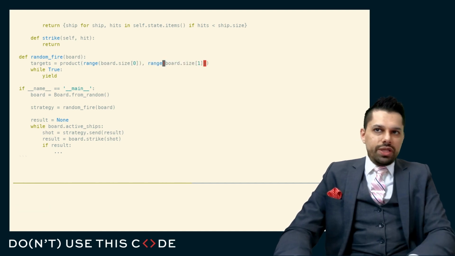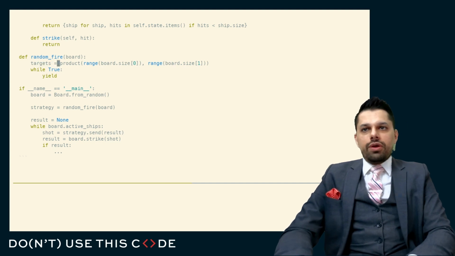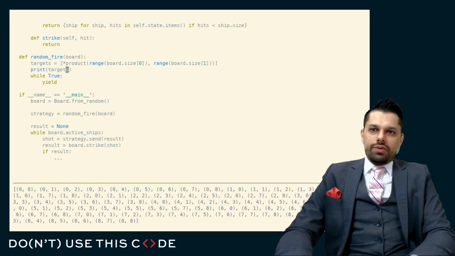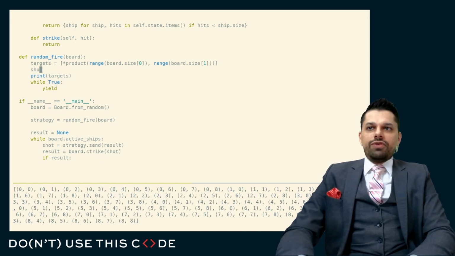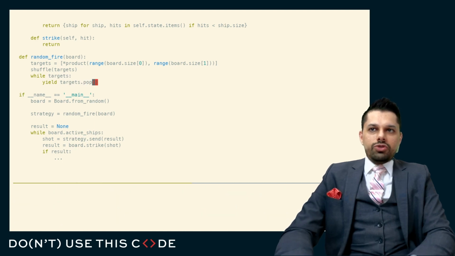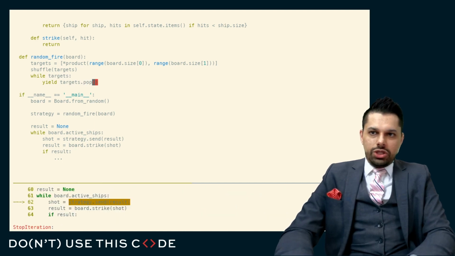This assumes that it's two-dimensional; obviously, if we have a three-dimensional game of Battleship, then we have something else going on here. So there we get the targets, and then we're basically just going to shuffle these targets and pop off of them. So here we can say while targets: yield targets.pop(). Very simple random strategy. It doesn't take any additional information in.